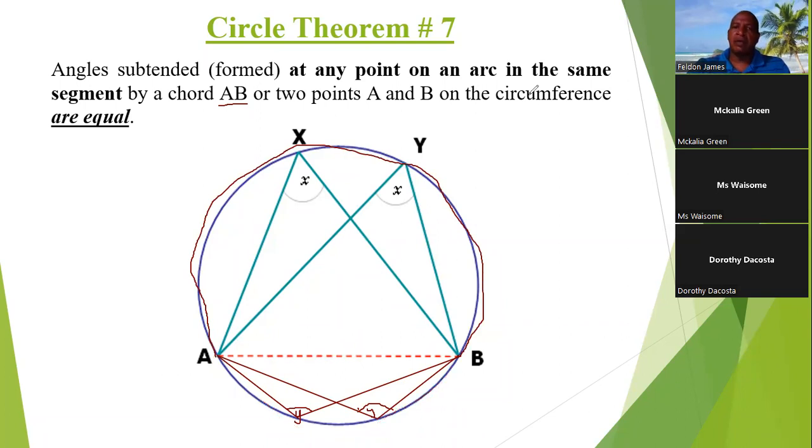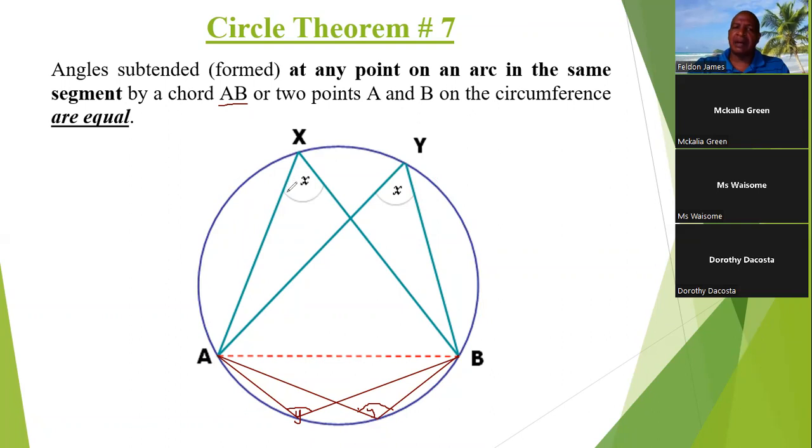Okay, good. Now looking back at where the angles are formed for X, which segment would that be in? Larger or smaller? Larger, sir. The one that I drew for Y, which segment are those angles in? Smaller segment, sir. What do you notice about the angles above?